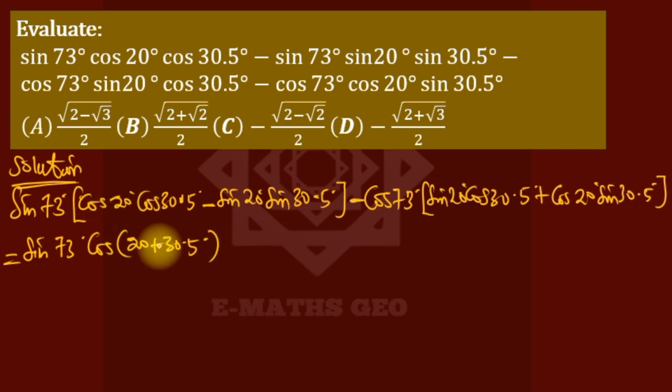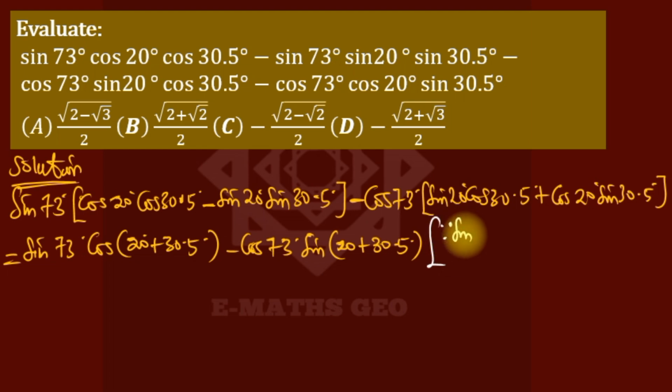Yes, that's the addition formula for cosine. Then minus cos 73, and I have sine cos sine, so this will reduce to sine 20 plus 30.5.